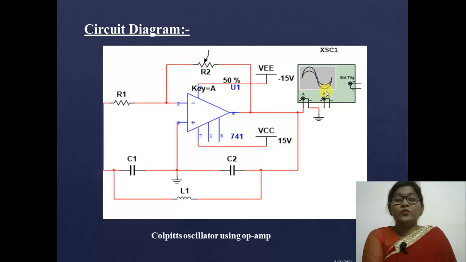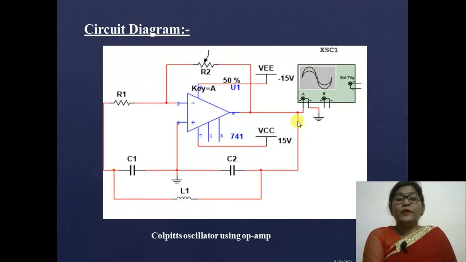The CRO is used over here to find out the result with a sine waveform. You can check the output waveform on CRO, and these are the power supplies, plus VCC and minus VEE, that is plus 15 volt or minus 15 volt.